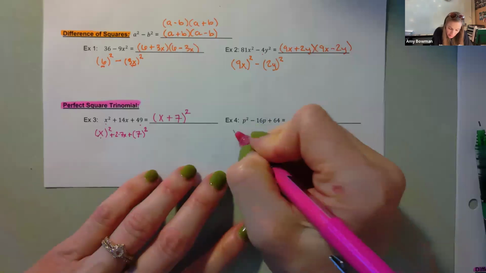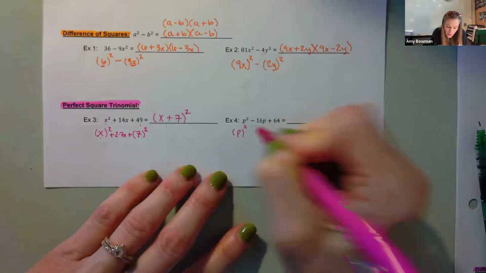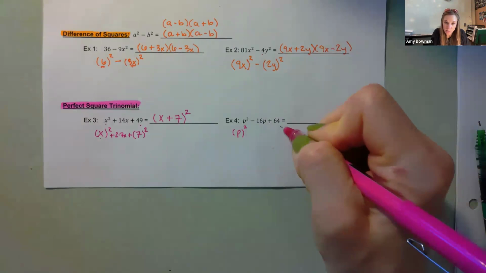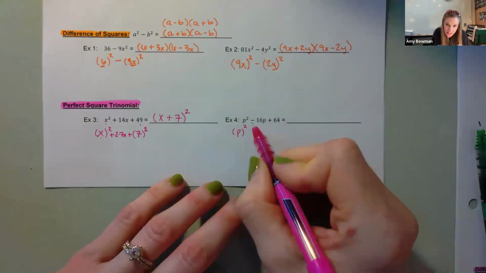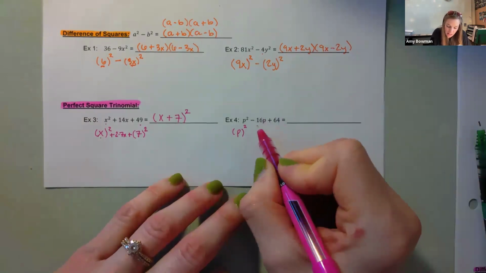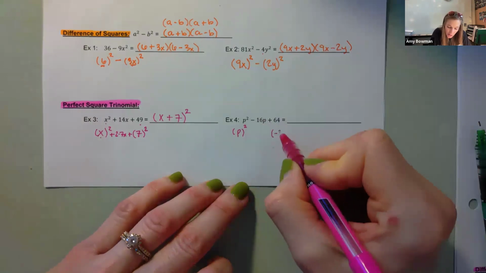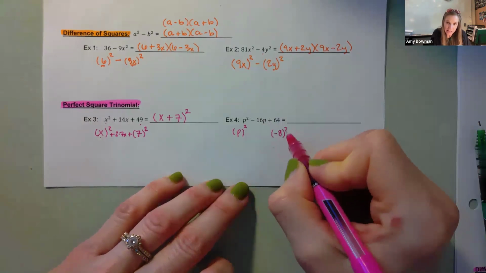What that means is, so we see that p squared is a perfect square. We see that 64 is a perfect square, but in order to get this negative 16, then that means we are squaring negative 8 to get 64.